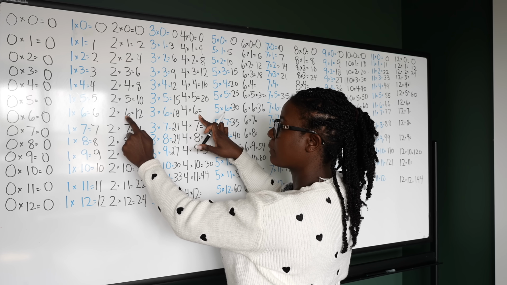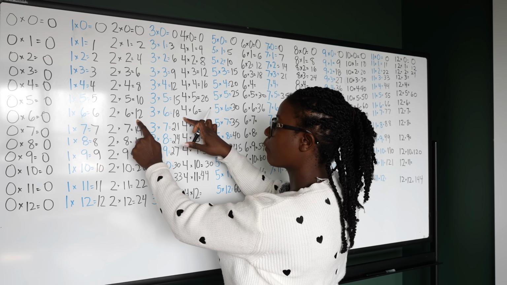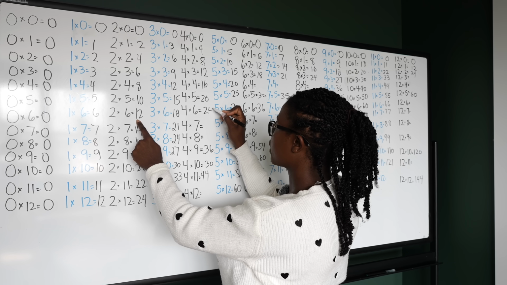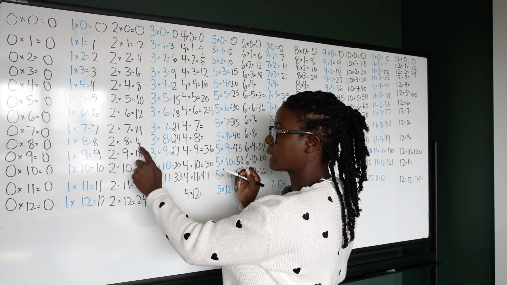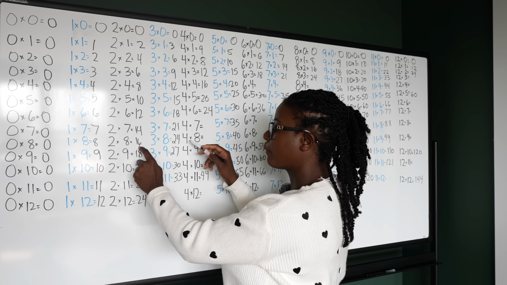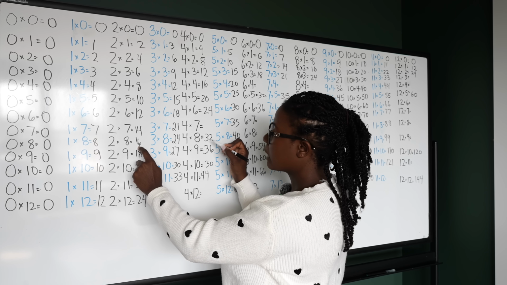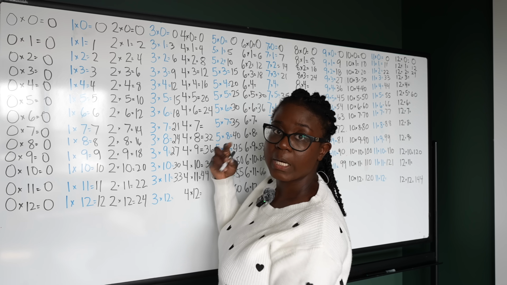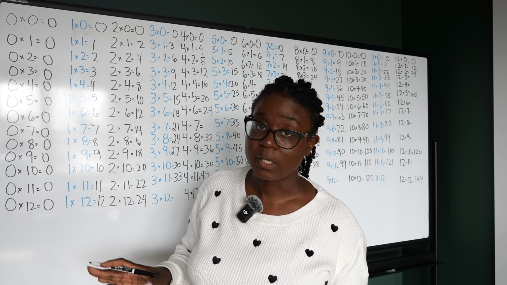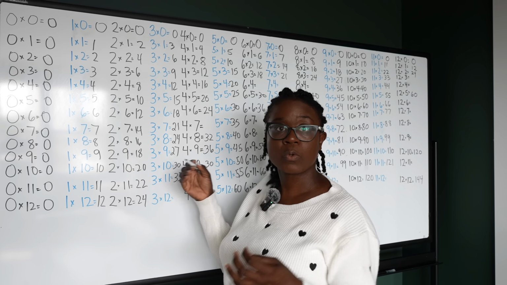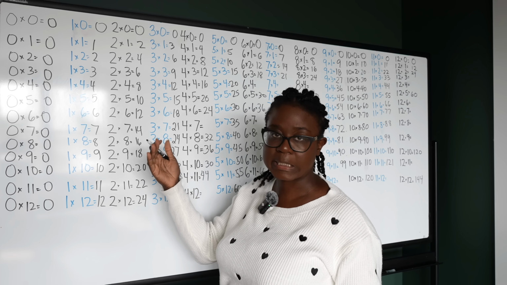So if 2 times 6 is 12, 4 times 6 is 24. And if 2 times 8 is 16, then 4 times 8 is 32. And if your child is really good at addition, which they should be, if they're not good at addition, you shouldn't be going on to multiplication, then they will know how to add 16 plus 16 in their head.